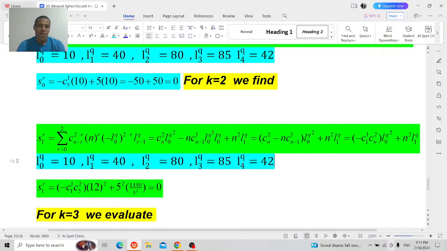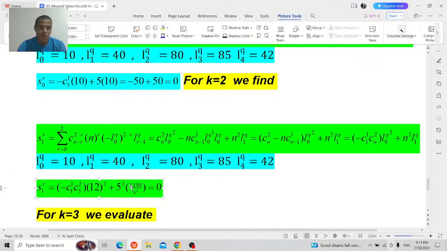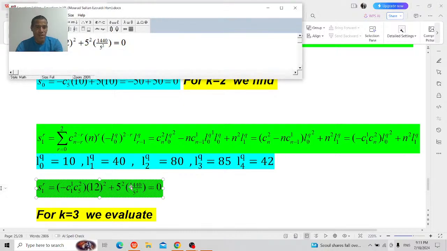Then I'm going to substitute or replace L0 with its value and L1 with its value, and then we calculate it. The value of L0 is 10. I should write here 10. And L1 is 40. Therefore, I will use a calculator.